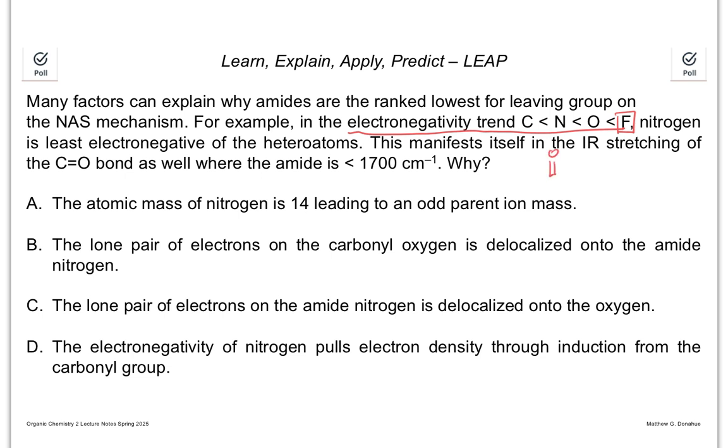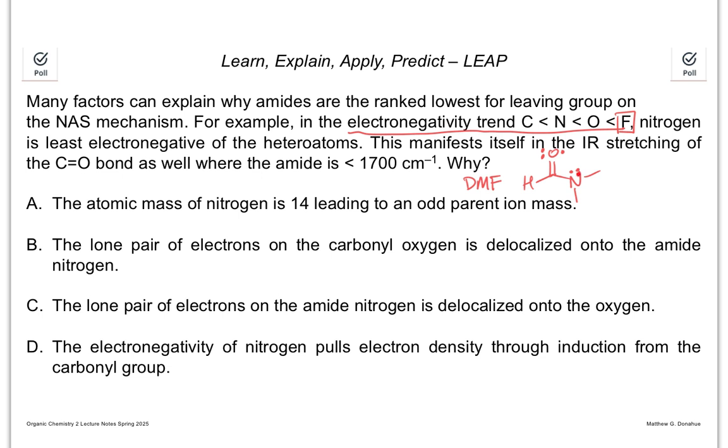If we consider this molecule, which we'll see in a little bit, this is called DMF, or dimethylformamide. We have our carbonyl group and then bonded to the nitrogen. Oxygen is more electronegative than nitrogen.